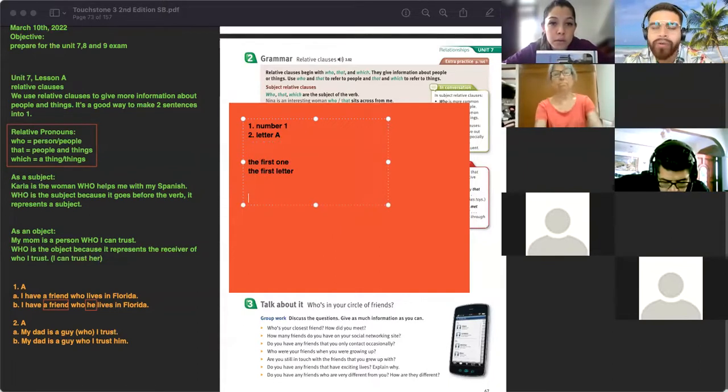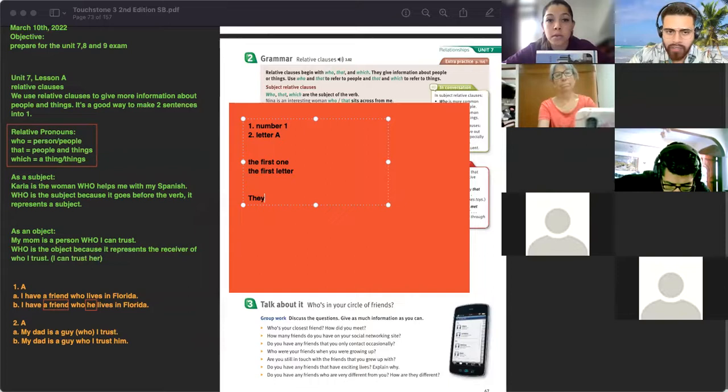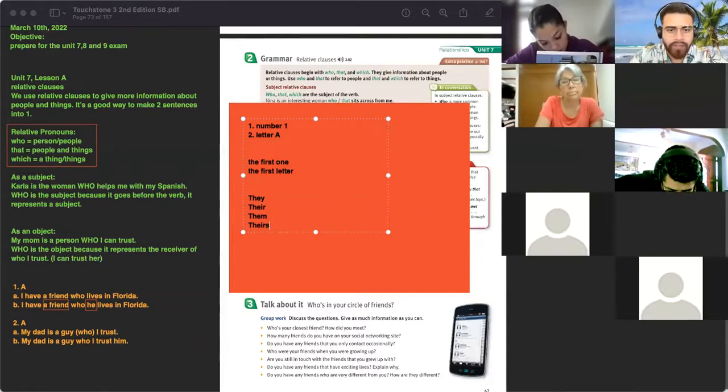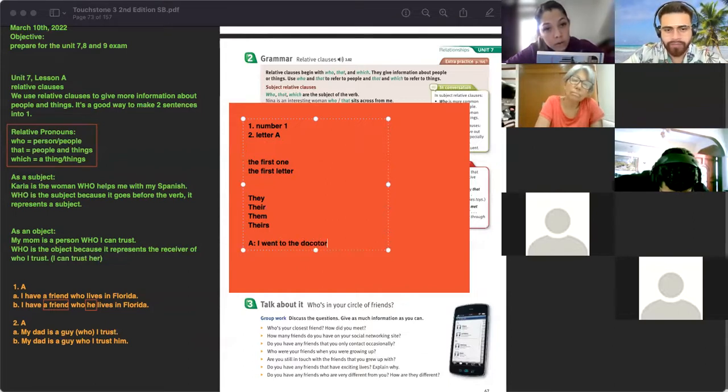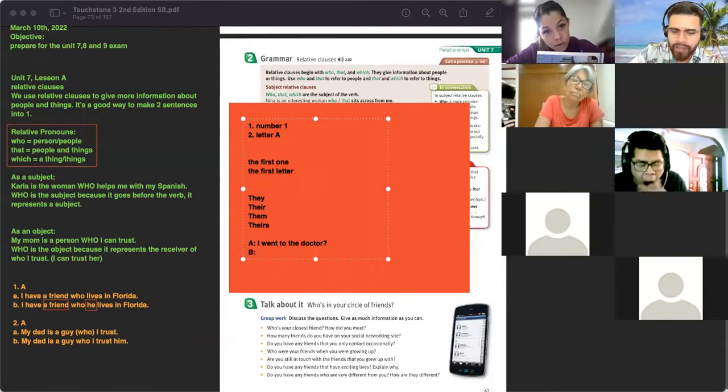And also, whenever you don't know the sex of something, you can use the pronouns they, their, them, theirs. For example, if somebody says, I went to the doctor today, and somebody says, what did he say?